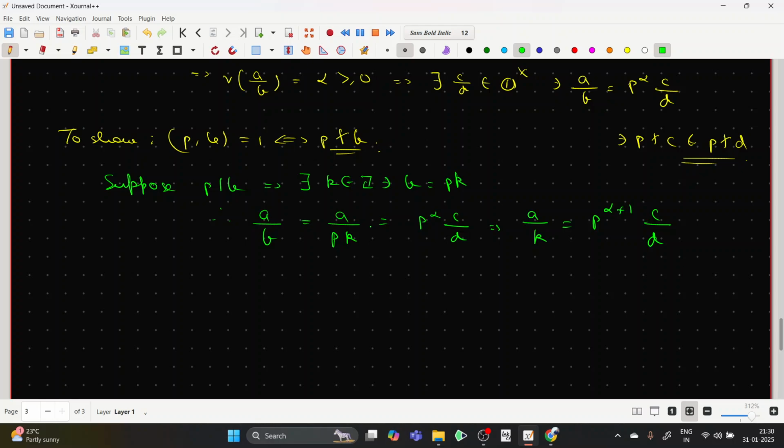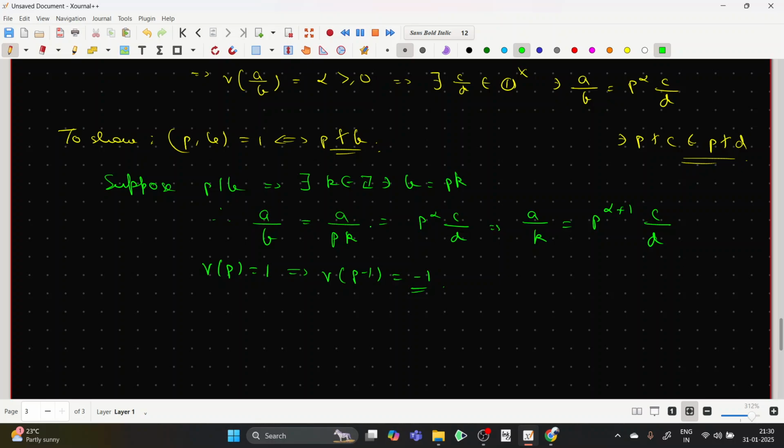Something which we immediately conclude as well is that the valuation of p is 1, which implies that the valuation of its inverse is minus 1. This is something which we already have in hand. But what more can I do from here?